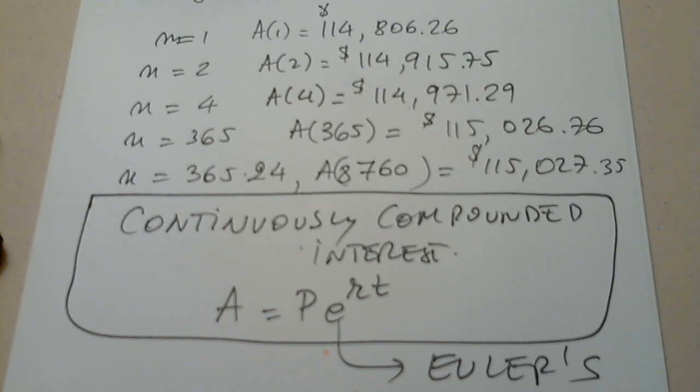So what is this formula all about? This formula, the annuity formula, is used, for example, let's say we want to borrow, not deposit money. We want to borrow. We want to buy a house. We want to buy a car. This is the way they calculate our monthly payments.